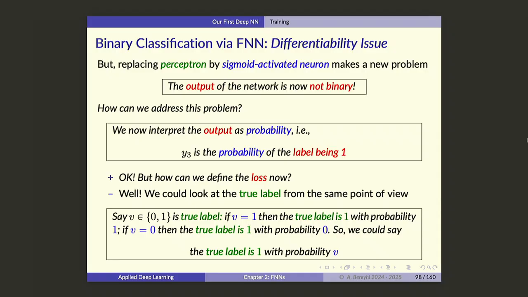When V is 0, the label is 0, so the label is 1 with probability 0. So whatever you see as V, the label in your data set, the true label is 1 with probability V, right? So you can interpret it the same way: V is a probability of being 1, the very true probability.